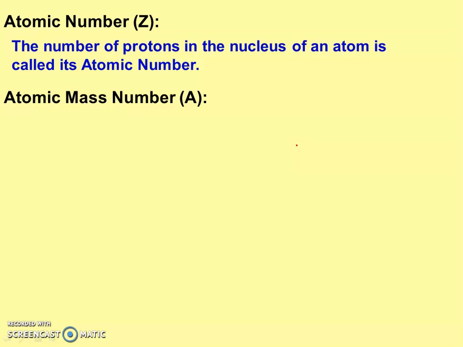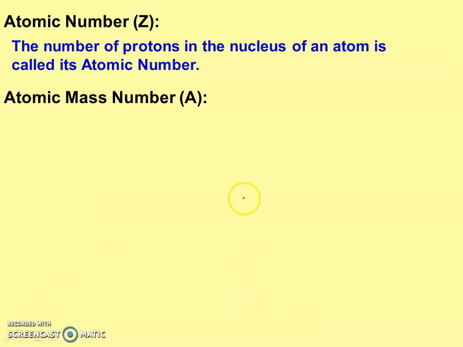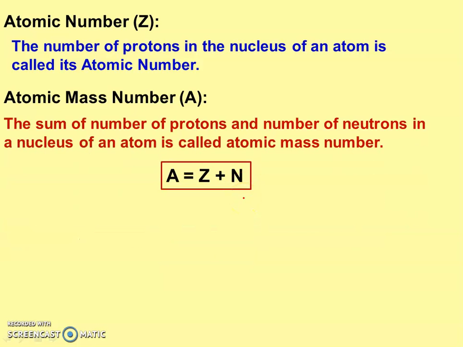Atomic mass number means the number of nucleons in the nucleus, that is, the number of protons plus the number of neutrons. Combinedly, protons and neutrons are called nucleons, so the number of nucleons is the atomic mass number.